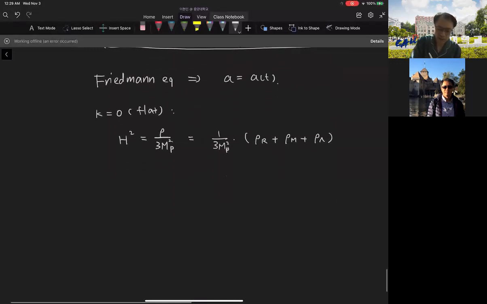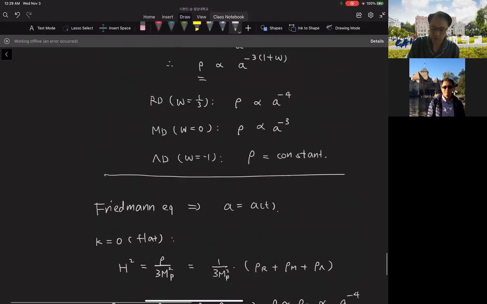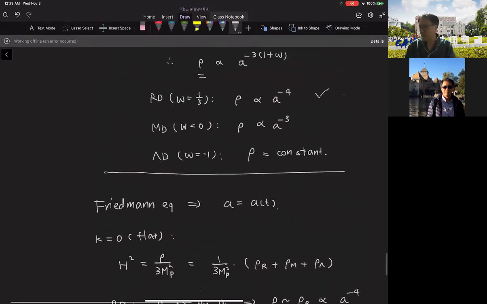But if there's radiation domination, where the radiation energy density is much greater than the other two, then the total energy density can be approximated by the radiation energy density, which scales as A to the minus 4, according to this result.